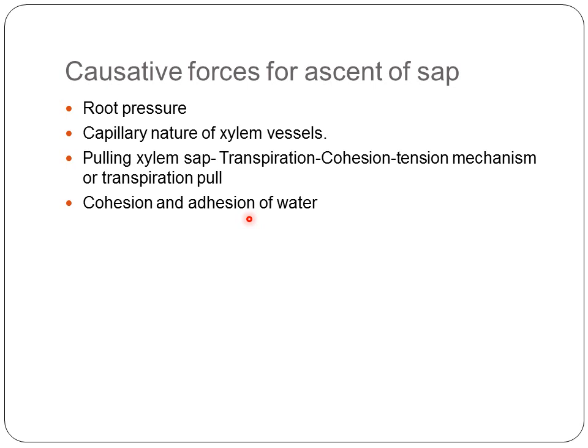This pull is relayed from molecule to molecule down the entire column of water in the xylem. So this is the cohesion and adhesion of water. Now let us see how this transpirational pull acts with the help of a diagram.